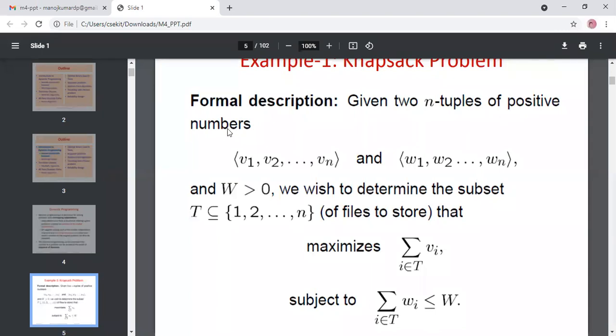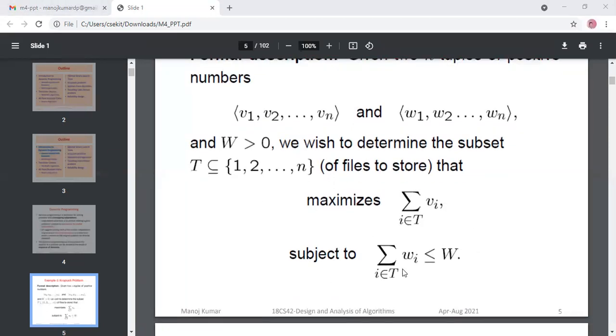Given two n-tuples of positive numbers v1, v2, ..., vn and w1, w2, ..., wn, where v1, v2, ..., vn are positive values with respective weights w1, w2, ..., wn, and W is greater than 0, we wish to determine the subset of items such that the sum of wi is less than or equal to W.